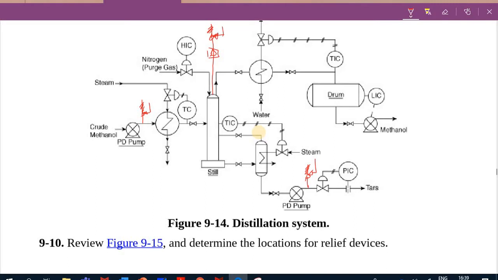You also can add one here, where we have liquid and gas, so the type is a safety relief valve, and we are going to have our spring valve here as well. So all the vessels, even here, and we are going to have also, what did I say?